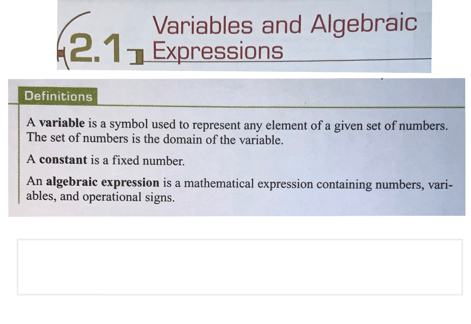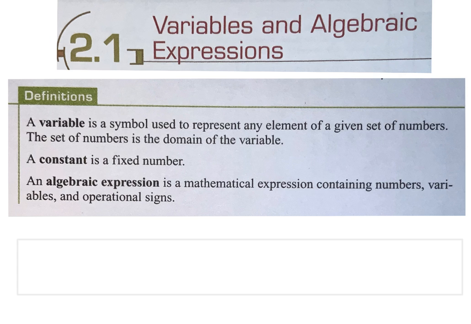It is a universal language, meaning your numbers can go anywhere in the world and your numbers will be pretty much the same, right? And so when we talk about variables, a variable is just a symbol used to represent any element of a given set of numbers, okay? Now, we use A, B, and C. When you get up to calculus, we actually use Greek letters.